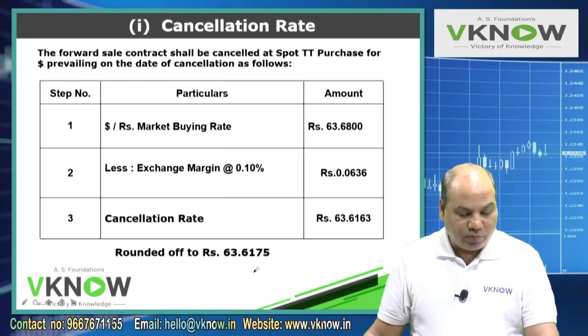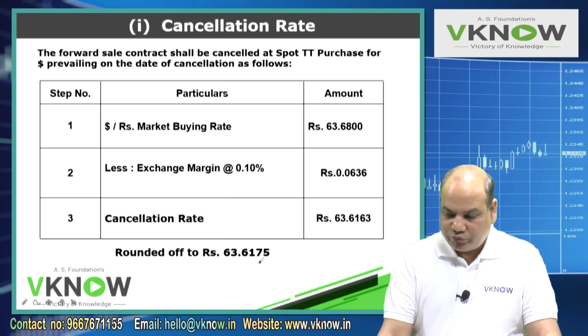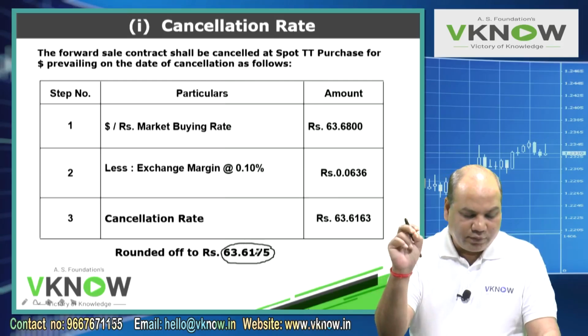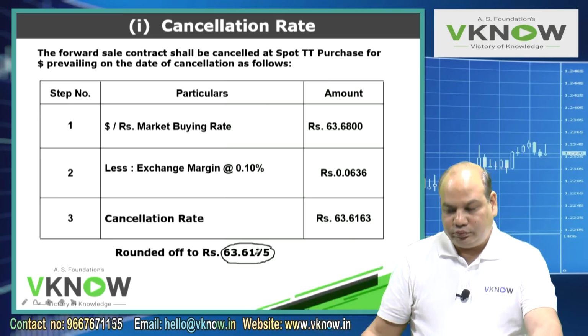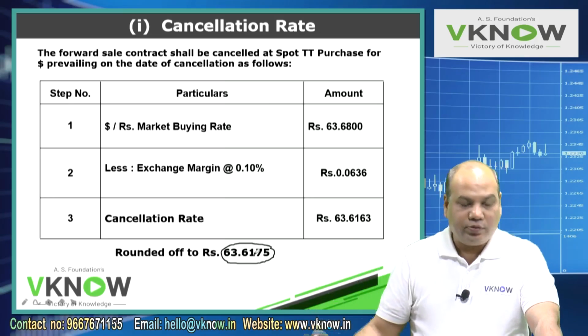Roman 2, amount payable on $2 lakh. So this is the rate at which the contract will be cancelled, and in the first paragraph the importer had booked the forward contract at 64.40. So he will suffer loss.